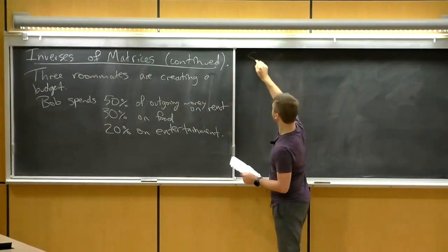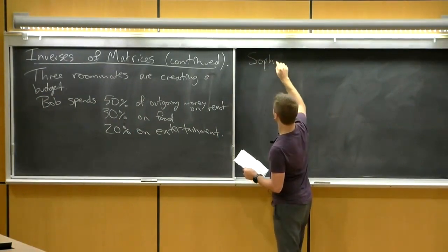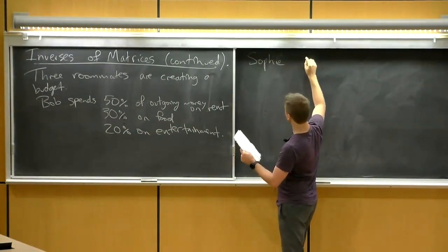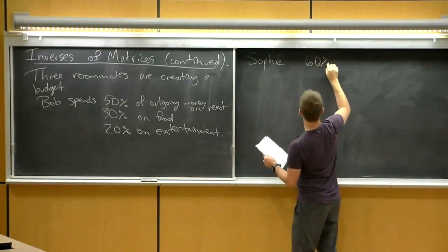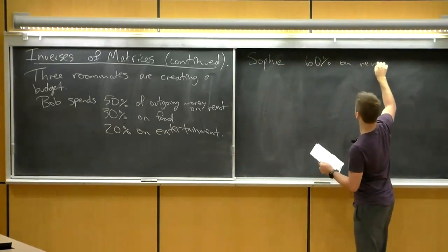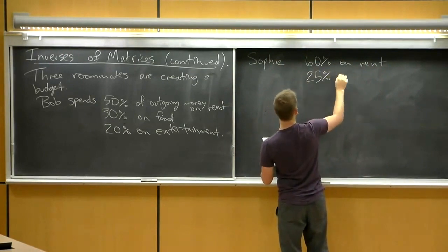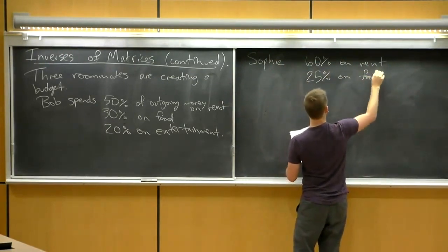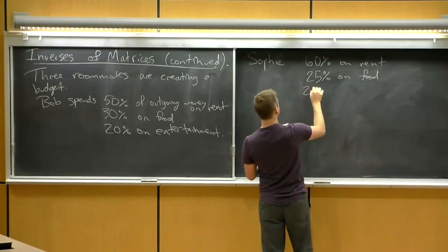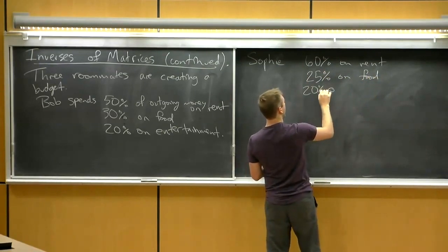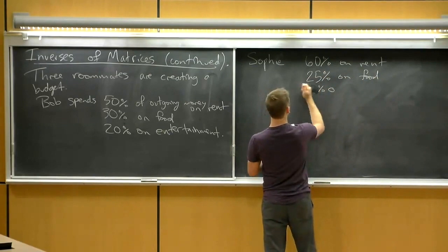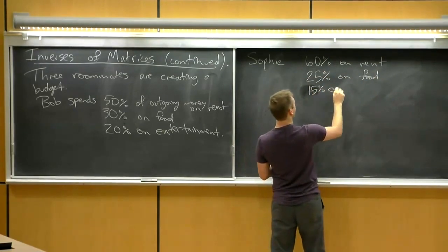Okay, and let's say that Sophie spends 60% on rent, 25% on food, 20%, or sorry, that can't be right, 15% on entertainment.